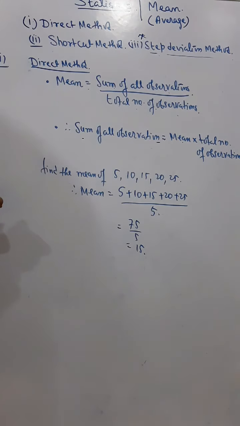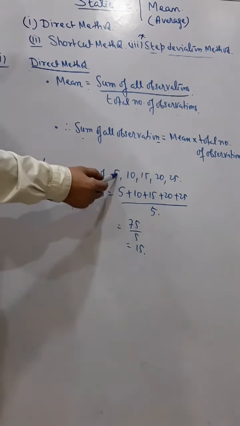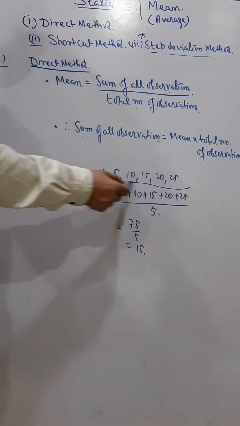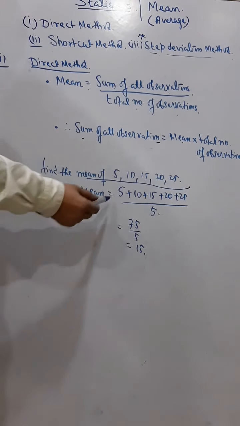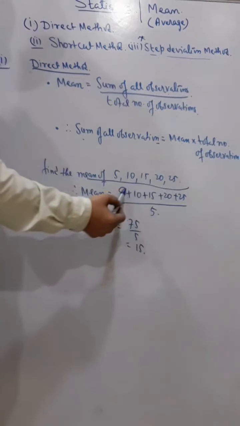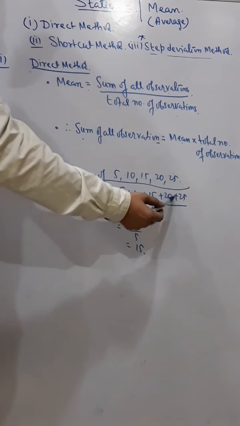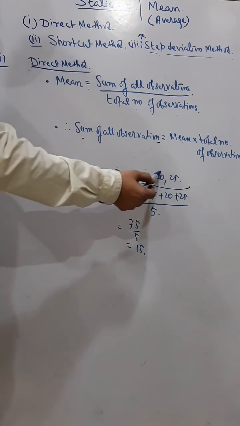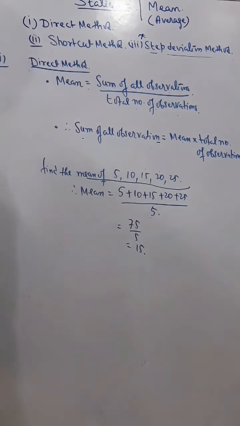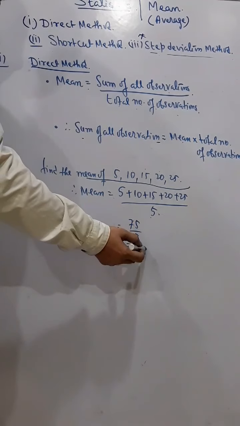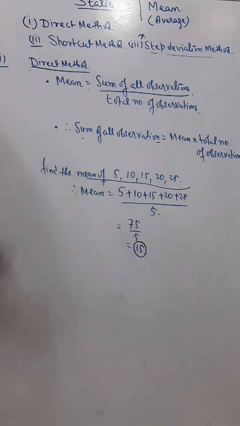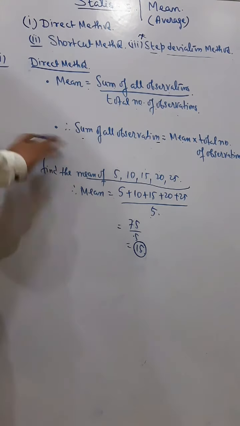Say for example, find the mean of these values: 5, 10, 15, 20 and 25. Mean means sum of all observations, so 5 plus 10 plus 15 plus 20 plus 25, and divide by how many terms are there? 1, 2, 3, 4, 5. So that's the number of observations. So you get 75 by 5 and it is 15. This is a simple example just to explain how we have done it in lower classes.